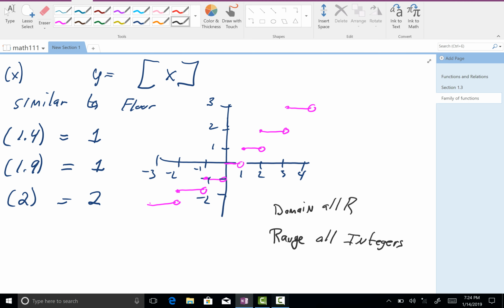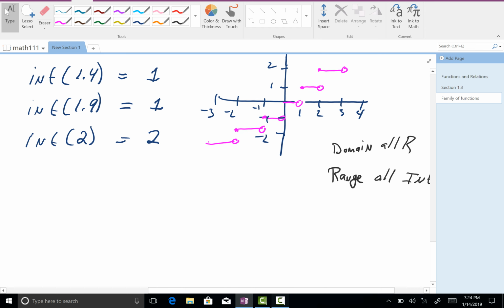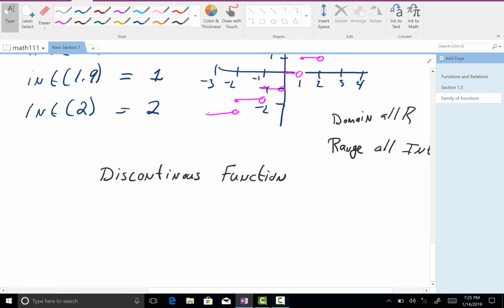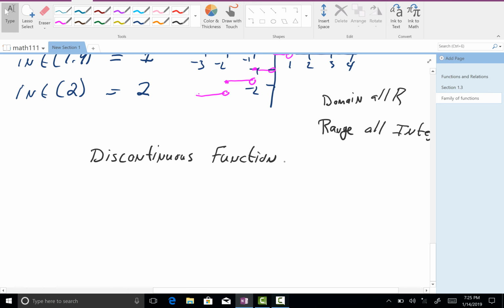They also do just a tiny little blurb in there about a discontinuous function. There's just a tiny little bit on it. It's probably worth mentioning. Here's basically what it is.